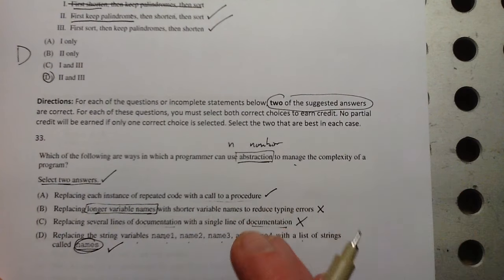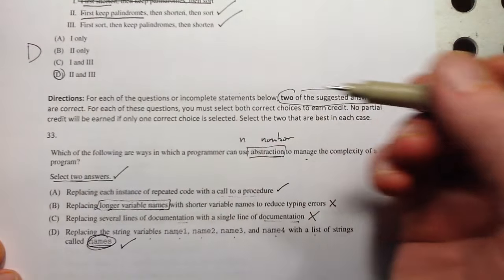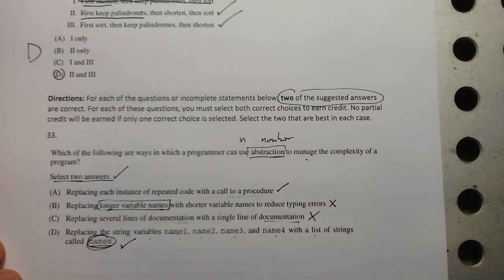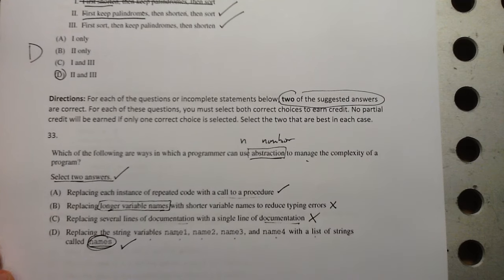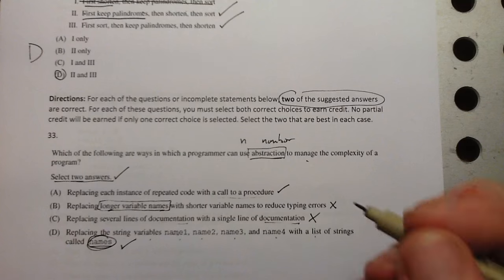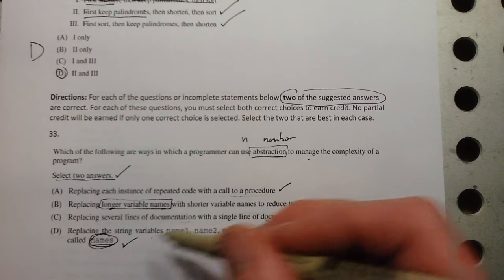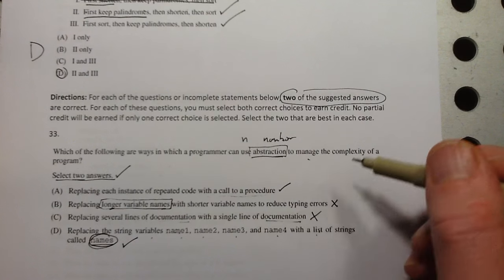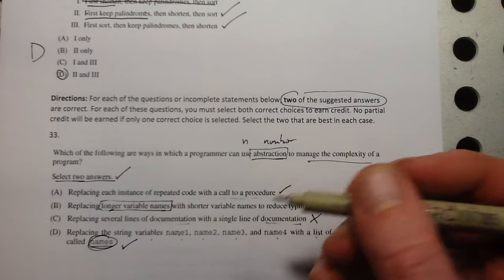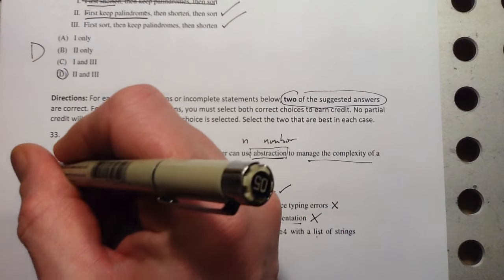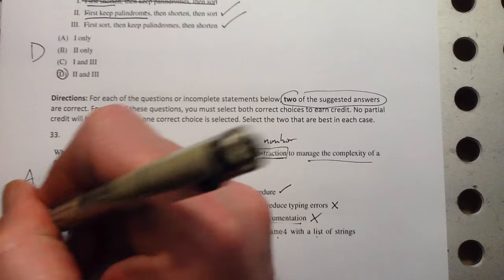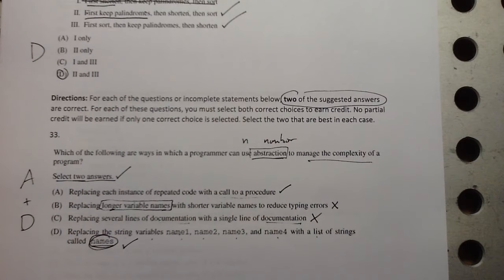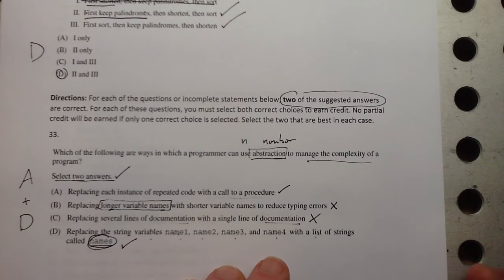And in fact, in your mini create task, that's one of the things that's required, to use a list that helps to manage the complexity. So that's definitely a thing that we have been thinking about. So A and D are the right answers there.